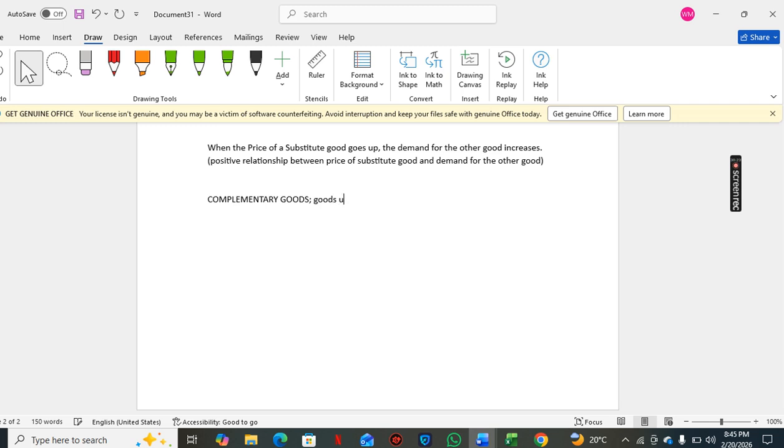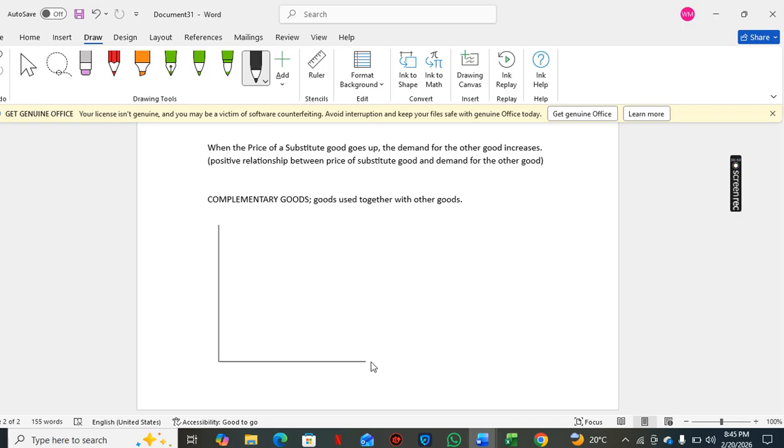Perfect example, tea and sugar. No one can eat sugar alone. No one just goes to buy sugar just to consume that sugar. So sugar is the complementary good here.